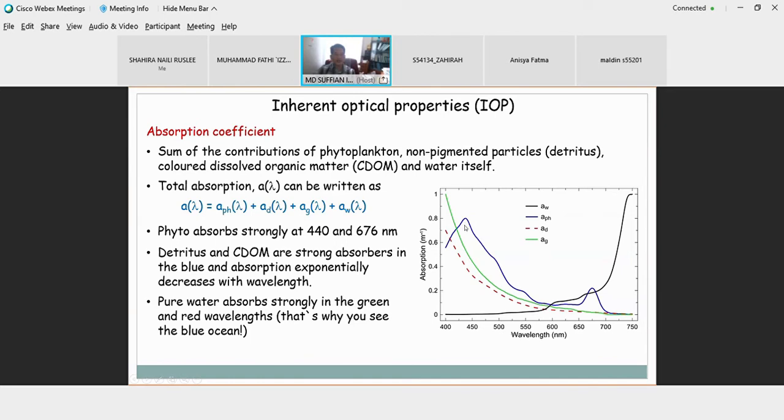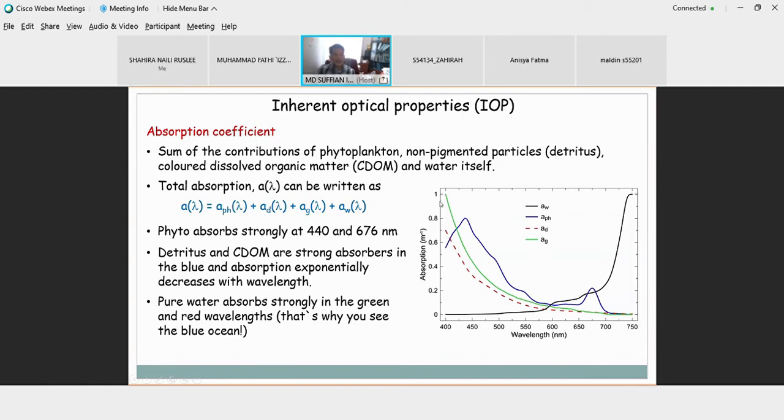Dia ada two main peaks, the primary peaks and secondary peaks. Secondary peaks shows the chlorophyll concentration. Bila you ukur yang ni, you boleh relate kepada chlorophyll concentration. This one for accessory pigment. Kalau ada carotene ke, kalau ada phycobilin tinggi ke, biasanya dia akan peaks di sini.